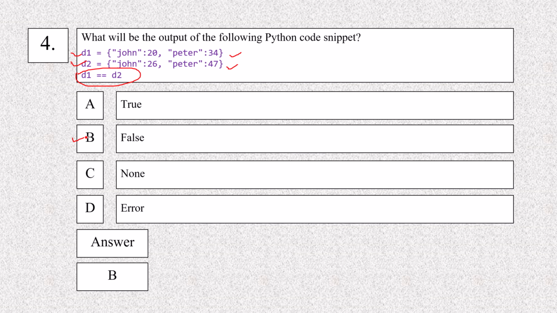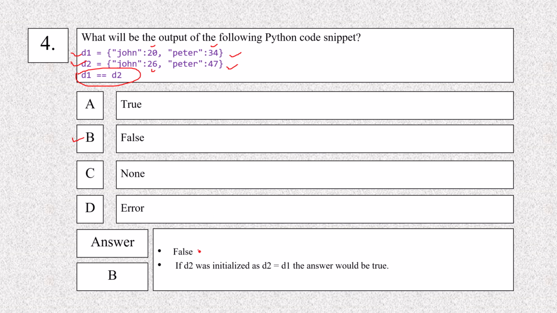Why is this false? Because we can see that in D1 and D2 the keys are the same, but the values of those keys are not the same. Here 20, here 26, here 34, 47, not matching. That means this is not the same. So that is why it will give a false result.